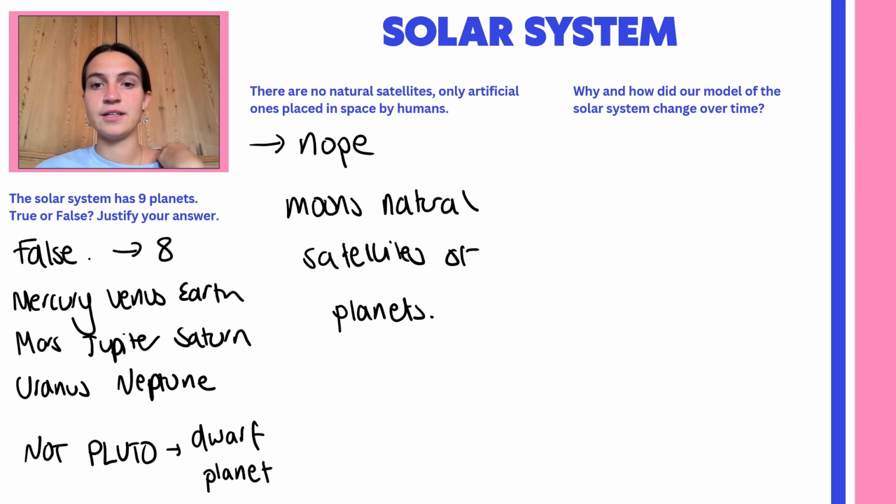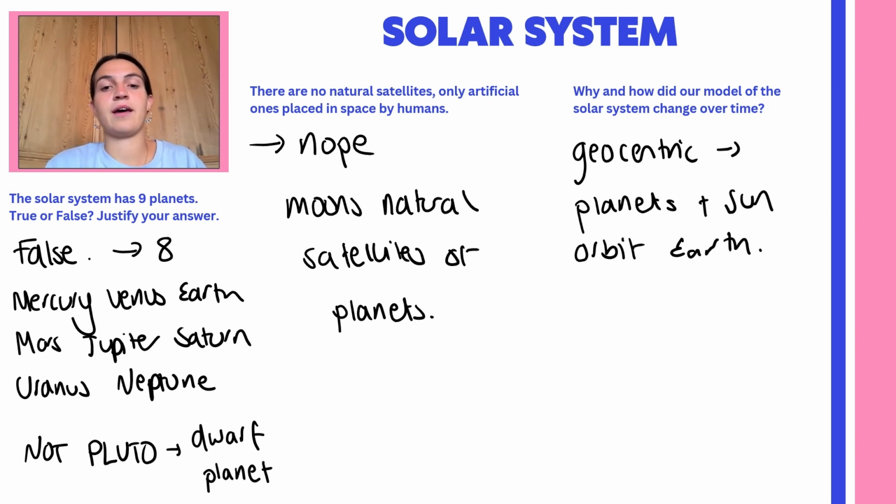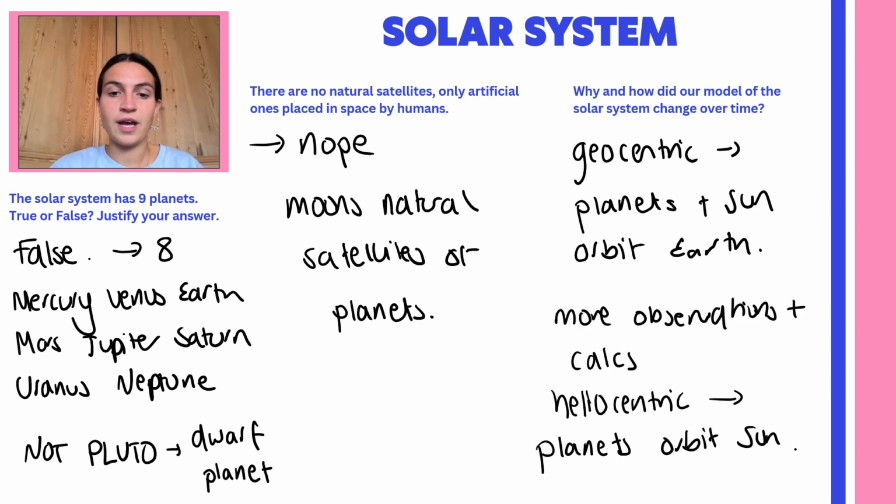So why did our model of the solar system change over time? We started with geocentric, the idea that planets and the sun orbit the Earth, so that Earth is at the centre of our solar system. But then as we made more observations and did more calculations, that model changed to heliocentric, where you have the sun in the middle of our solar system and the planets orbiting the sun, which is obviously the model that we have now.